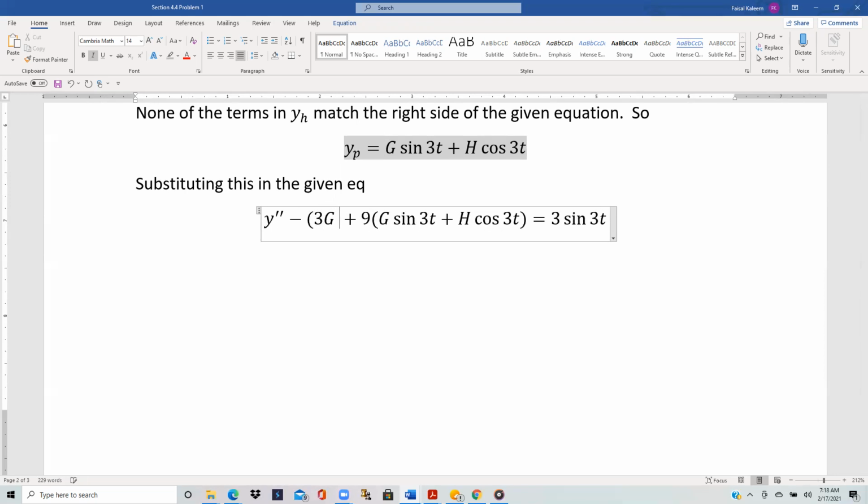And the derivative of the second term, h cos 3t: the derivative of cos 3t is negative sine 3t, so this one would be negative 3h sine 3t.